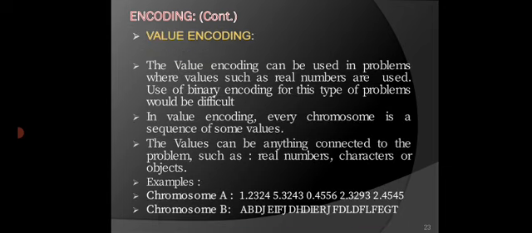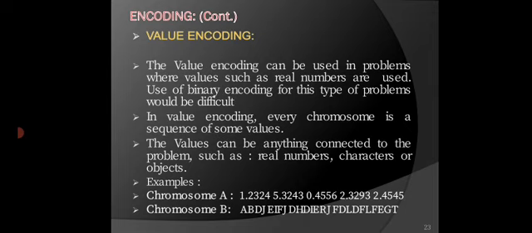Now, the second encoding method is value encoding. Value encoding can be used in problems where values such as real numbers are used. So instead of binary, meaning 0 and 1s, numbers are used. Use of binary encoding for this type of problem would be difficult, right? In value encoding, every chromosome is a sequence of some values.